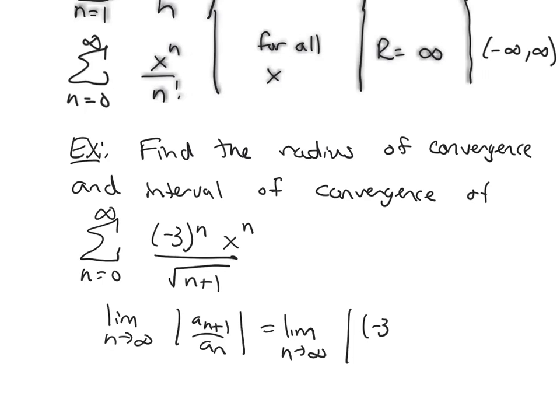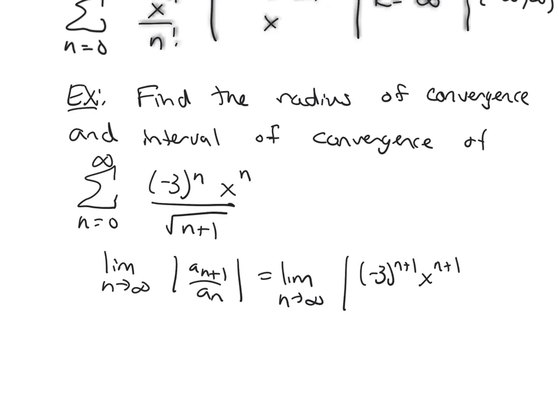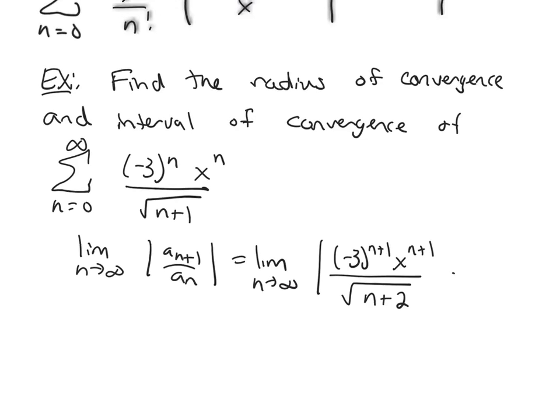Okay, -3 to the n plus 1, x to the n plus 1 over the square root. It's n plus 1, so n plus 2. And then I'm going to flip: square root of n plus 1 over -3 to the n, x to the n.